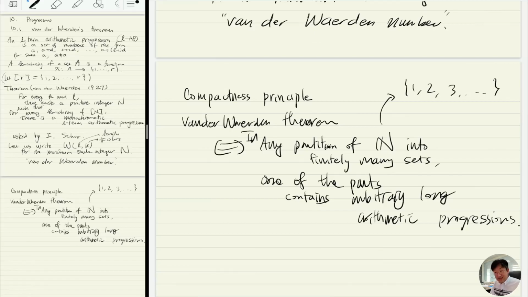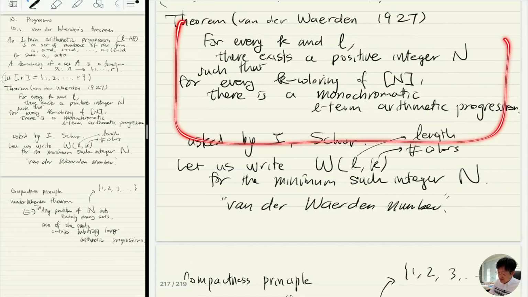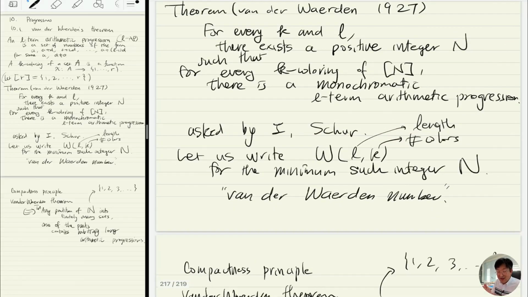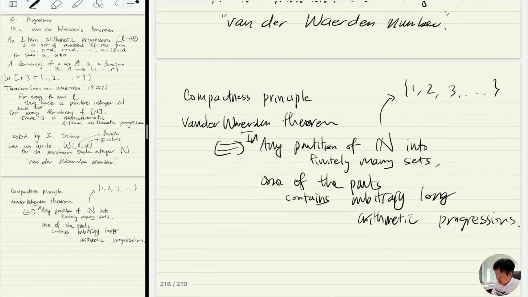And one direction is easy if you have the finite version, the previous version. If you have this version, then for any length you have one of the colors, and then one of the colors appears infinitely many times. One of the colors will be chosen for infinitely many lengths, and that's the color that we'll take here.